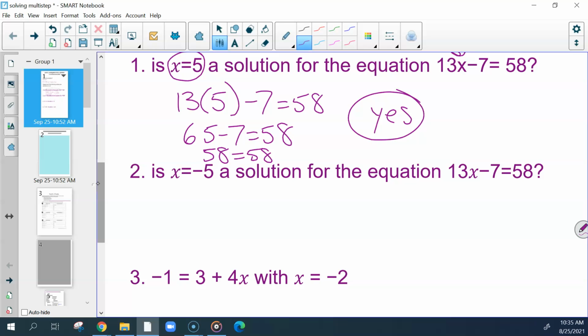For the next one, it's almost like a given because we already solved it or found what the solution was. So us finding this negative, we kind of already know it's not going to work, but we're going to try it anyway. We're going to see, is this a solution to this equation? By doing the same thing. Putting negative 5 in for x.